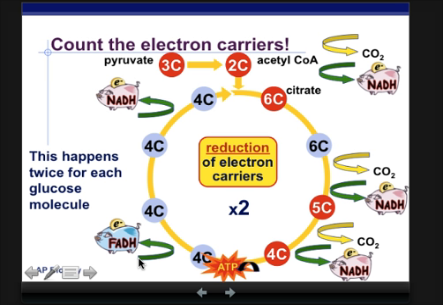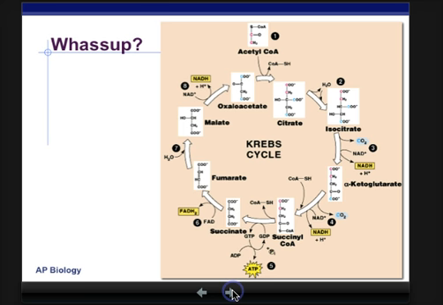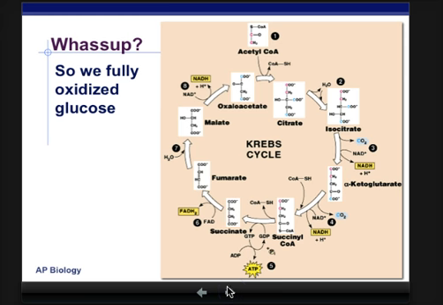Well, most of the ATP is going to happen in the electron transport chain, not here. So every time the carbons get oxidized, an NAD plus gets reduced to NADH. Okay, we finally oxidize glucose.